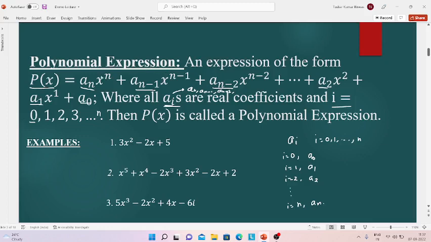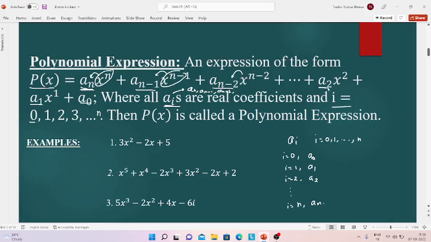What is a coefficient? Coefficient means the part which is multiplied with the variable x to the power n, the part which is multiplied with x to the power n minus 1. Here a_n is nothing but the coefficient of x to the power n. a_(n-1) is the coefficient of x to the power n minus 1. a_(n-2) is the coefficient of x to the power n minus 2.